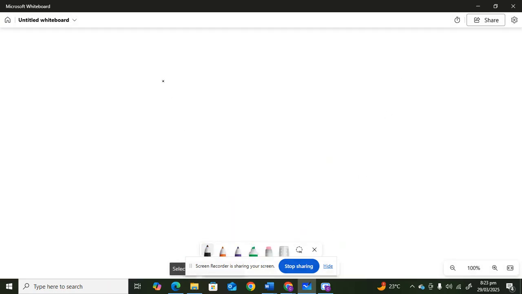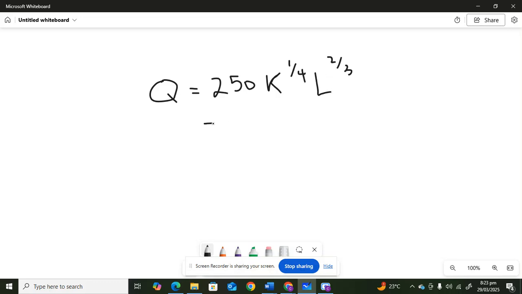So we're going to say Q equals 250 K to the power 1 over 4, L to the power 2 over 3. They told us when K equals 81 and L equals 27. So we just substitute K with 81.